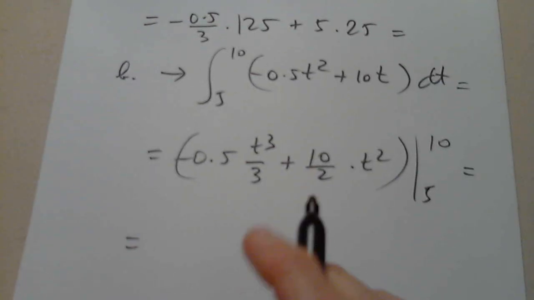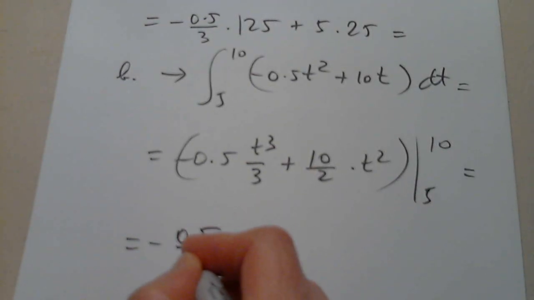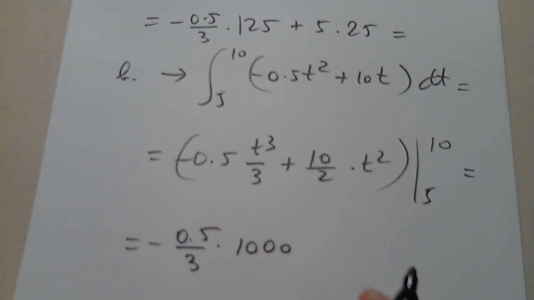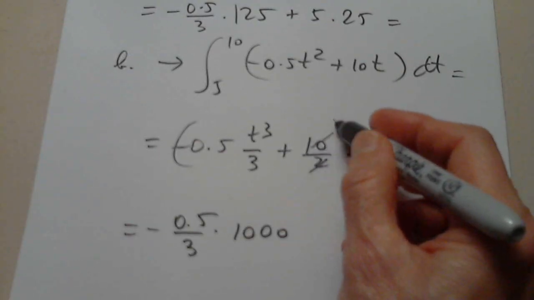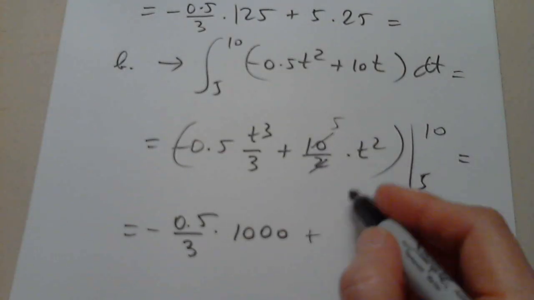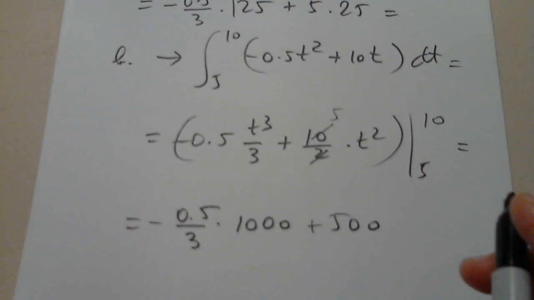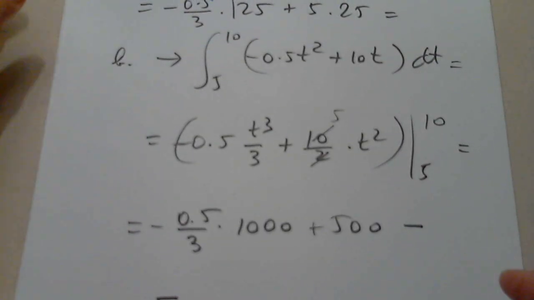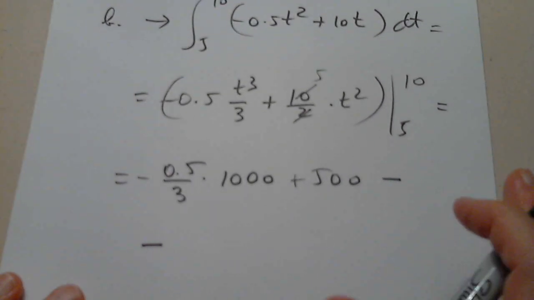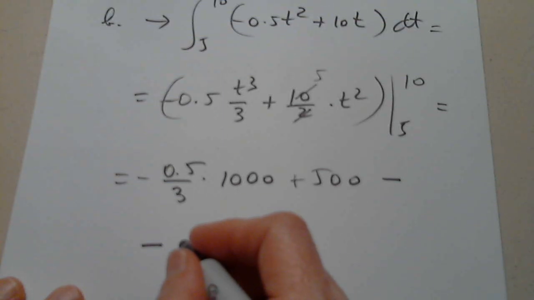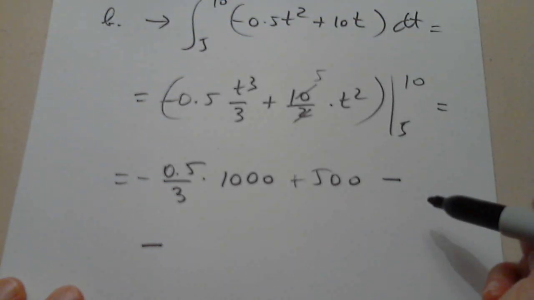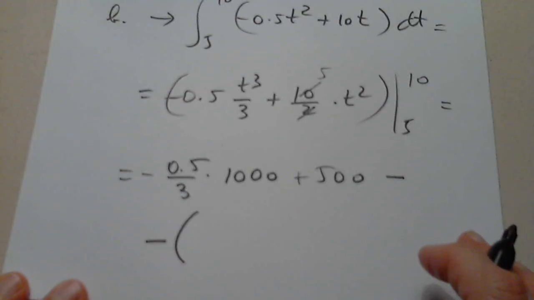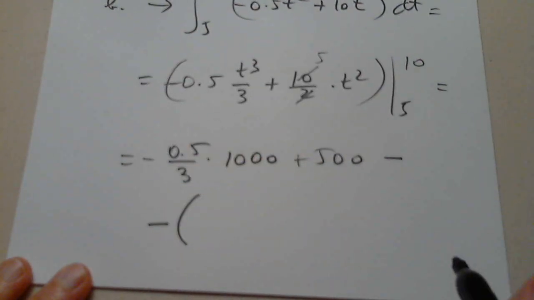So I plug in 10 first, negative 0.5 over 3 times 1,000, plus 500, but minus when I plug in 5, which is, put it in parentheses so we don't mess up the signs.